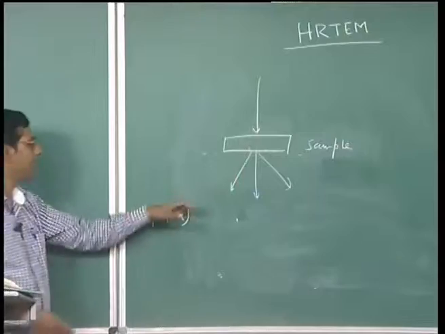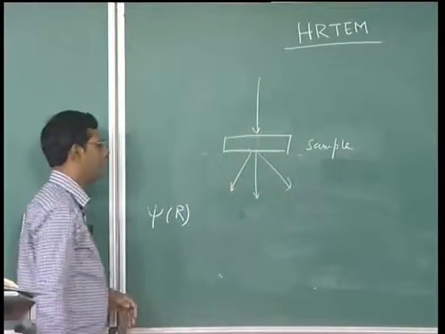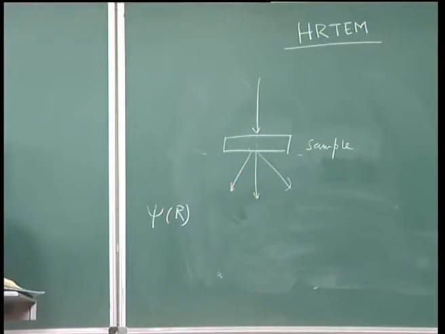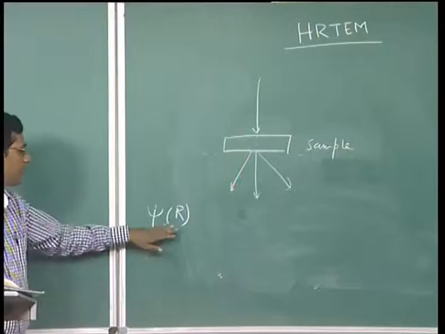So, from Fraunhofer diffraction theory, the complex aperture diffracted wave in a direction given by any reciprocal lattice vector is given by the Fourier transformation of the object function.